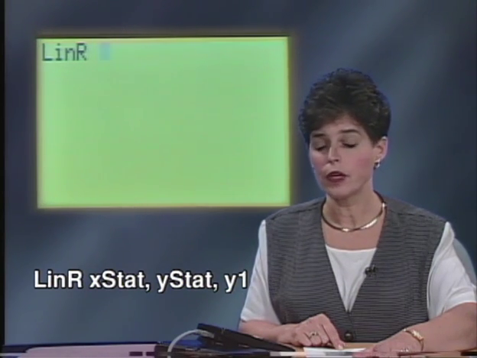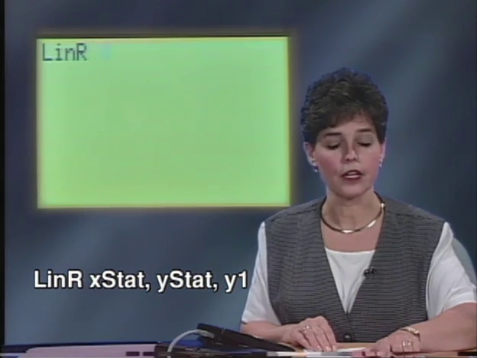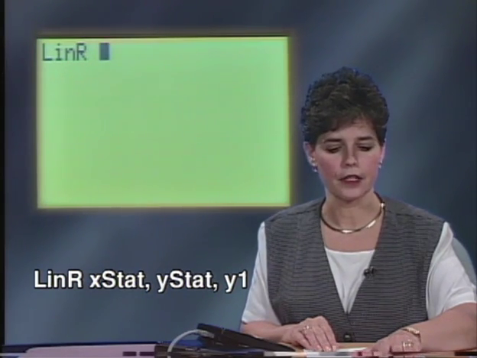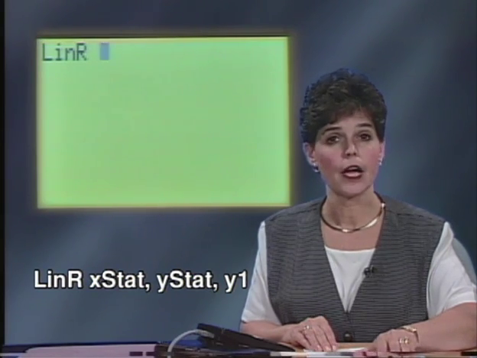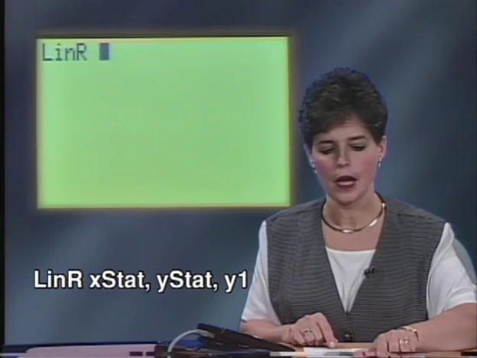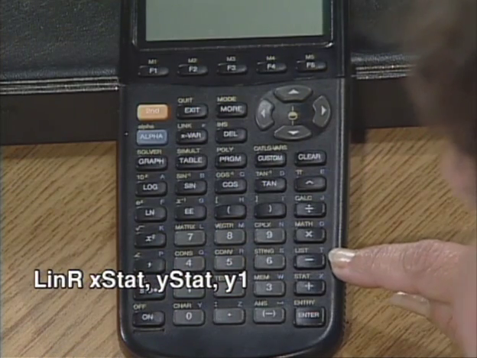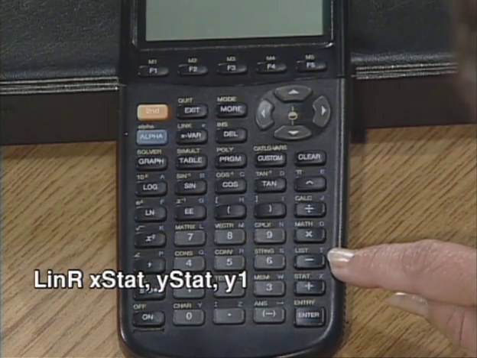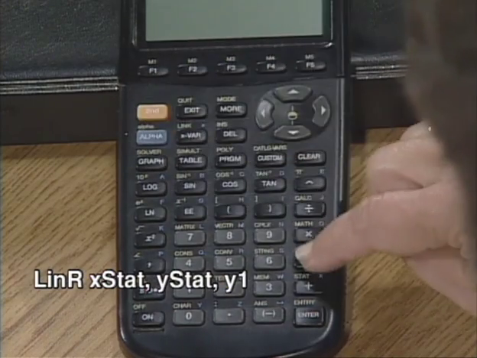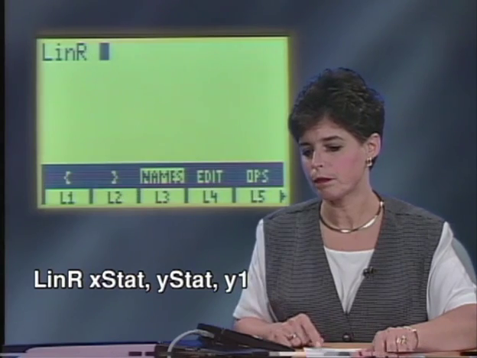And I'd like your screen to look just like mine. First of all, we need to have xstat, then ystat, then y1. In order to find xstat, we are going to go to names. And names is found under list over here above the subtraction symbol. So go second, list, and names.